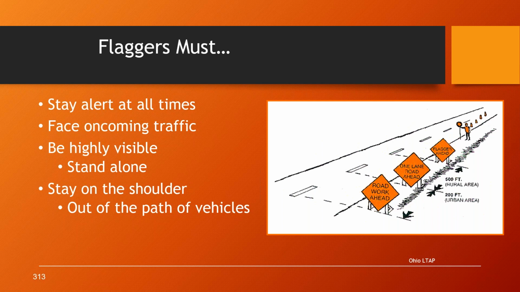Like a flagger must stay alert at all times, face oncoming traffic, be highly visible with the proper vest. And at ODOT we require a hard hat as well, but that's up to each agency whether or not they require that. And of course, the proper stop/slow paddle, and you must stand on the shoulder, and we want you to be out of the path of the vehicles.